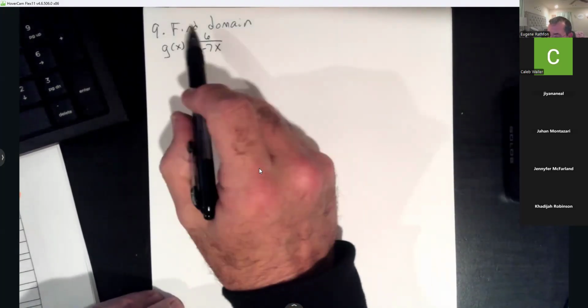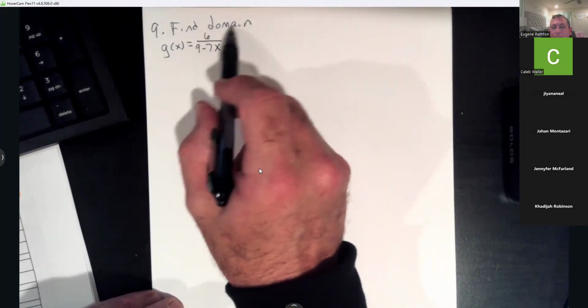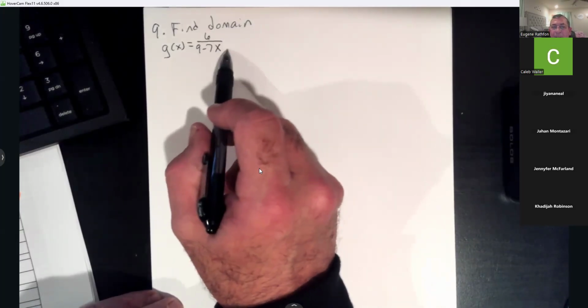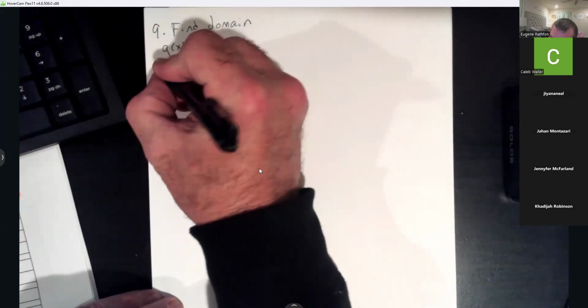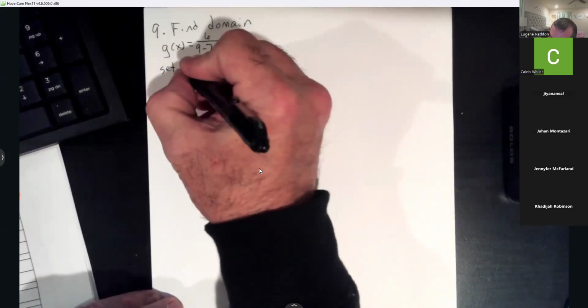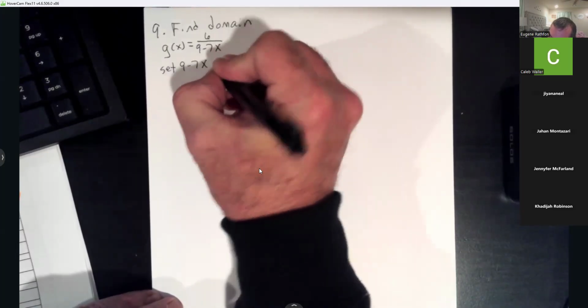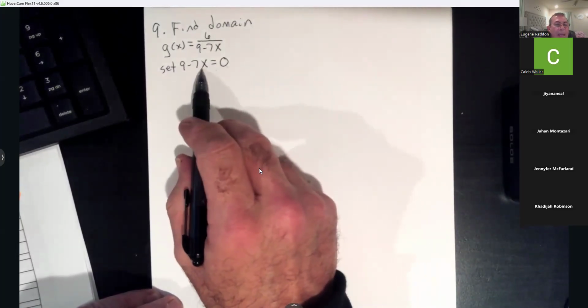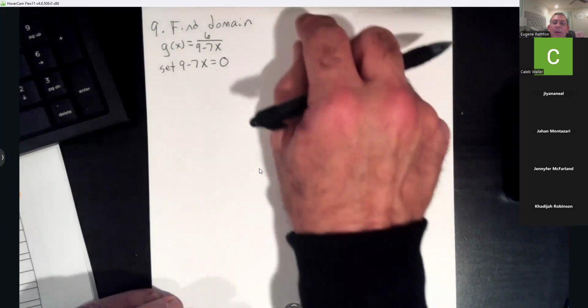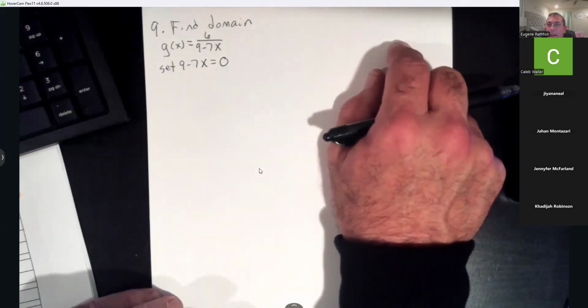And really, the only thing I'm worried about on a domain is that this denominator cannot equal 0. So usually what we do to find out what numbers make it equal 0, we're going to set it equal to 0 and solve for x. Any answers we get, we're going to kick them out of our domain, okay?